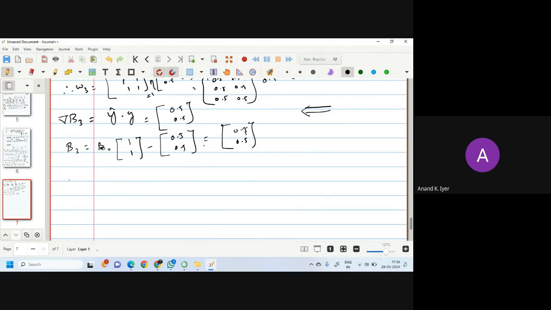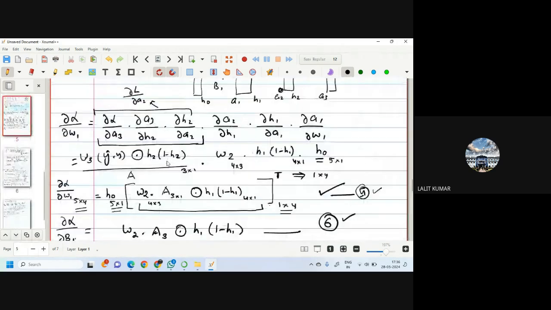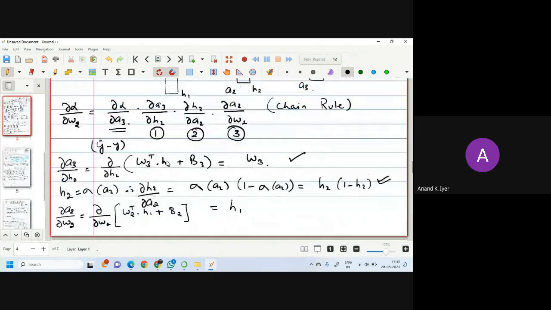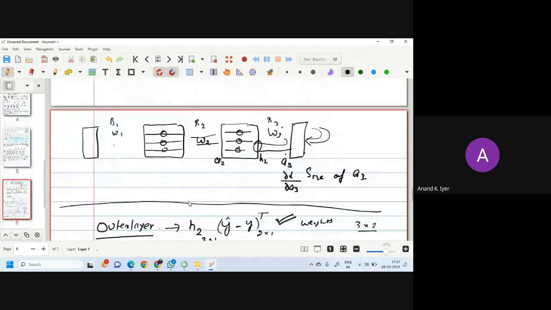One second. In the last one, B3 is equal to. Did you actually write B0 there? No. What did you write? B3 becomes y hat minus y, when we had calculated. See here. So what did you write in that last line?